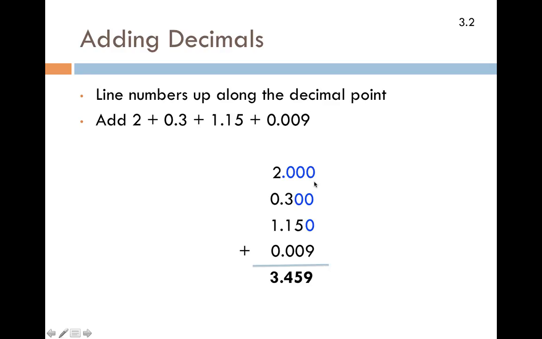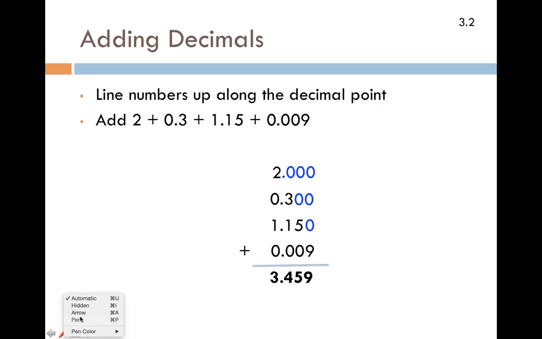So we just go 0009 is 9, 0050 is 5, 1 and 3 is 4, 1 and 2 is 3. Everything's lined up. Our final answer is 3 and 459,000. Okay.